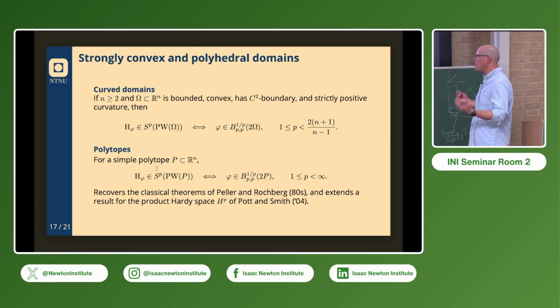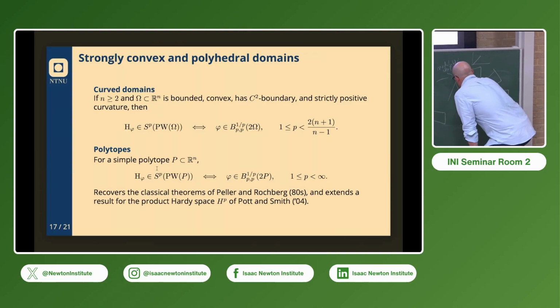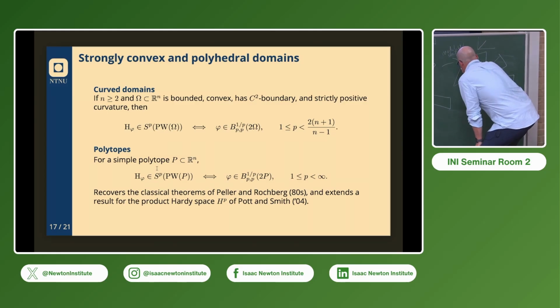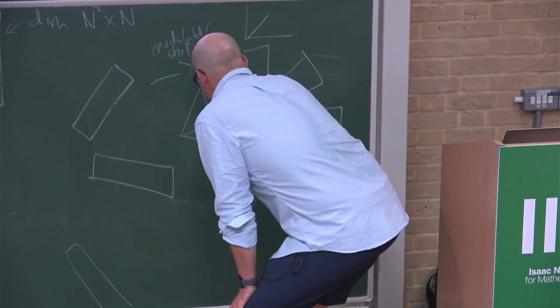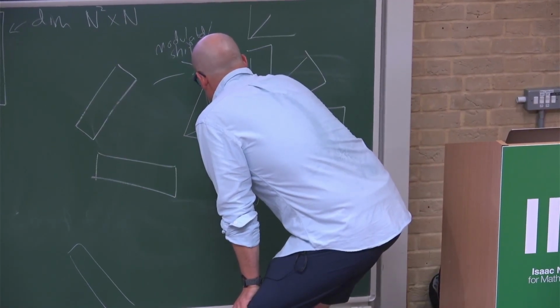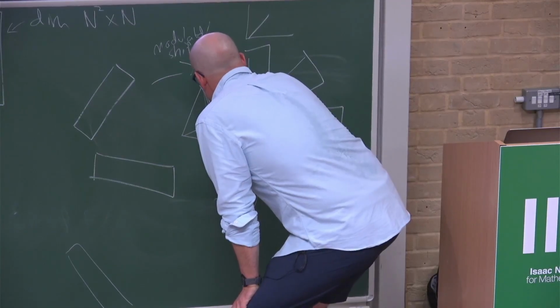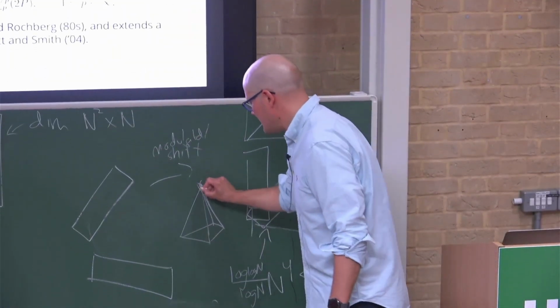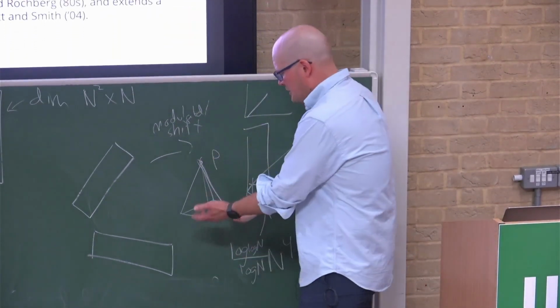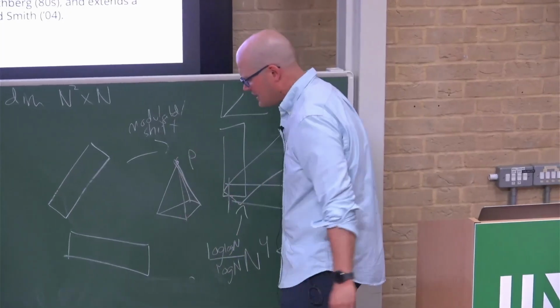Okay, and then for polytopes, for general polytopes we don't know. Actually, I don't understand because a polytope in R3 can be a pyramid with a square base. And so this could be a polytope P. For that kind of polytope, the weight is not that easy to understand.